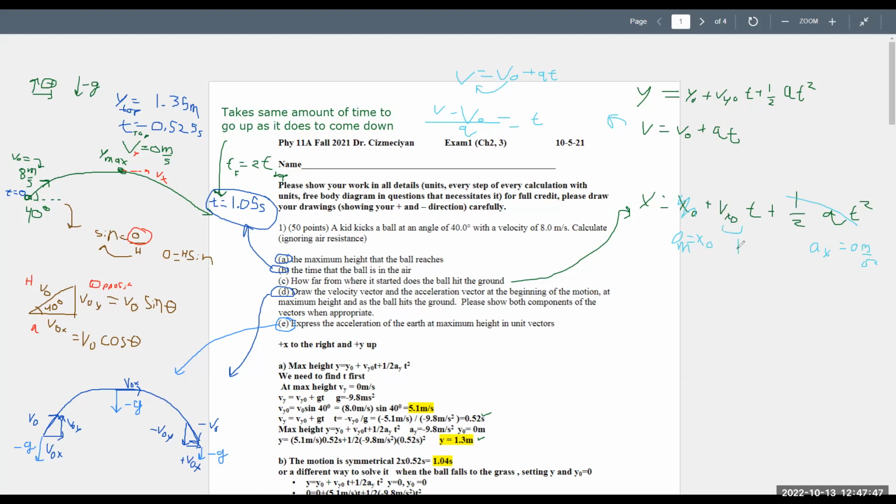Your Vx naught is V naught cosine theta. And then your time is 2 times t top. The t final is equal to 1.05 seconds. Cool. And then this thing we're solving for.